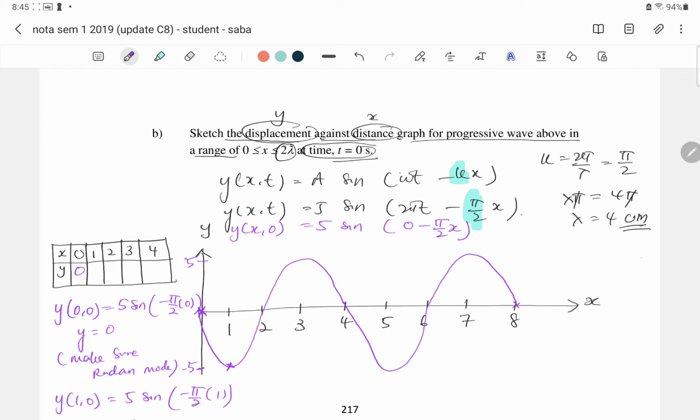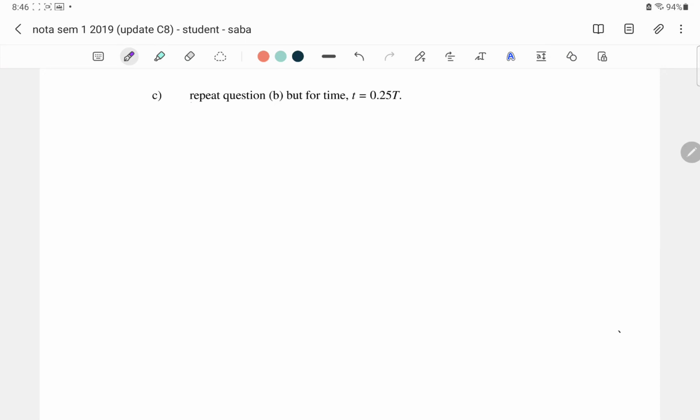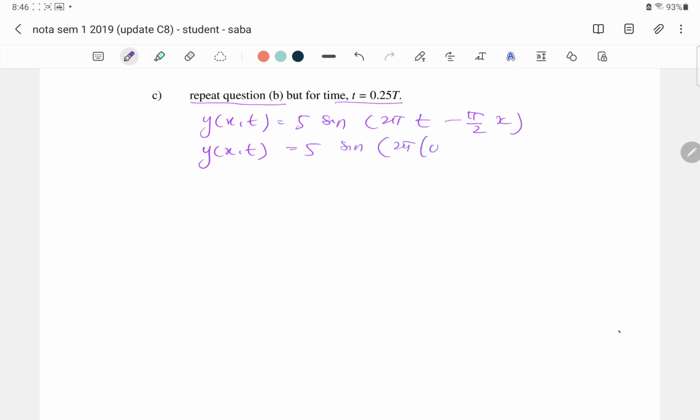Okay. Then we repeat our question B, but for time equal to 0.5t. So you have y x t equal to 5 sine 2 pi t minus pi over 2x. Okay, so kita gantikan y x t equal to 5 sine 2 pi, your t is 0.25 t minus pi over 2x.